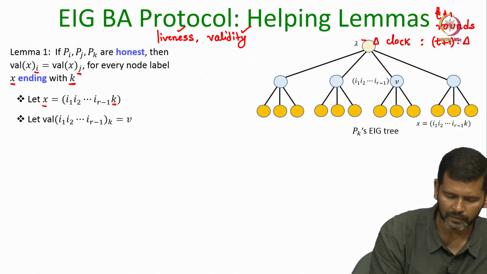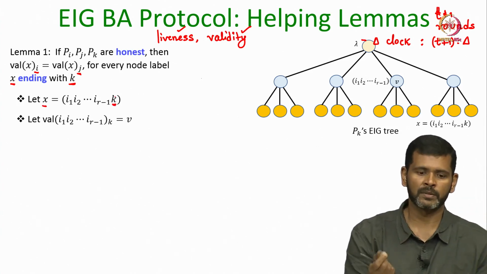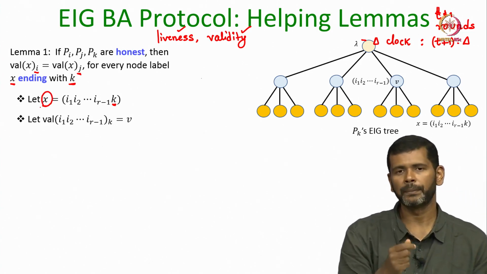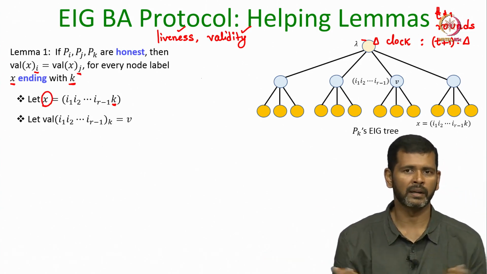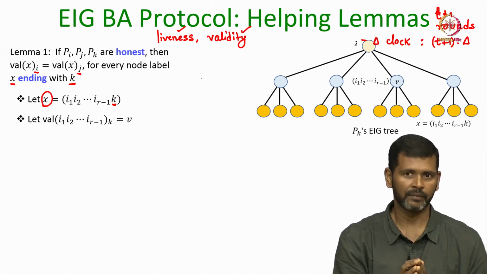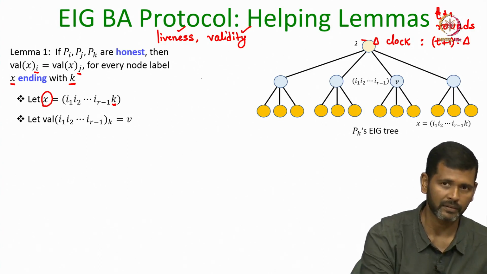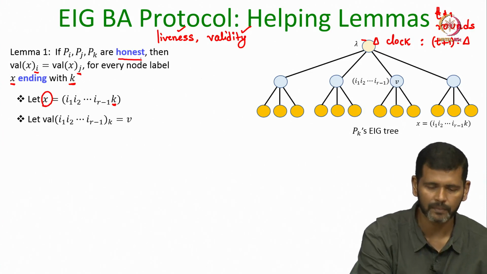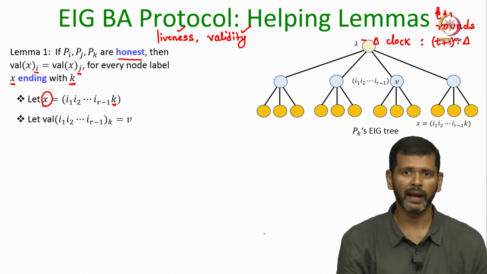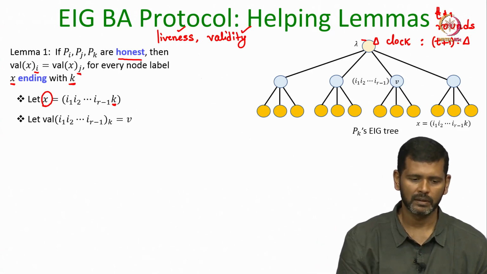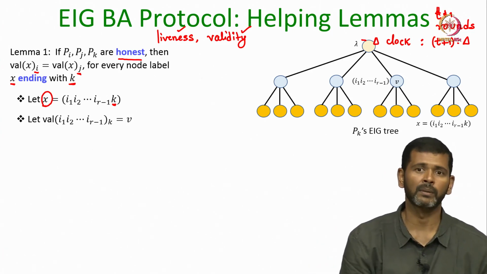whose label ends with the identity or the index of an honest party, and there will be a node with this label x in the copy of the EIG tree of all the parties. So, what this lemma says is that if we take the node with label x across the EIG tree of all the honest parties, then the value which will be assigned by the respective honest parties during the protocol to this node will be the same.